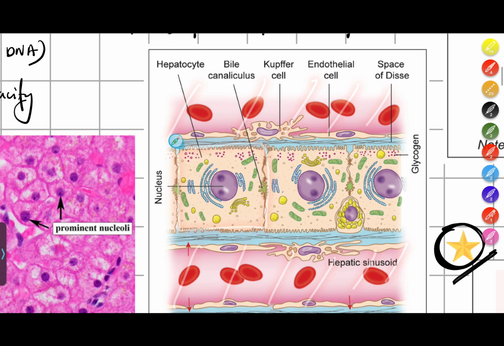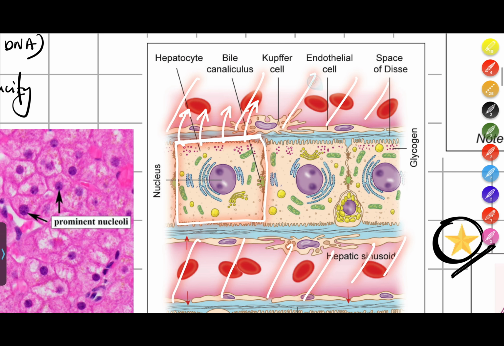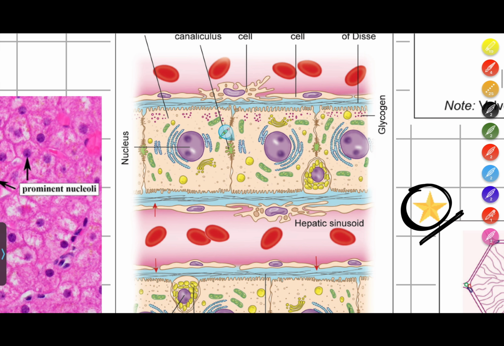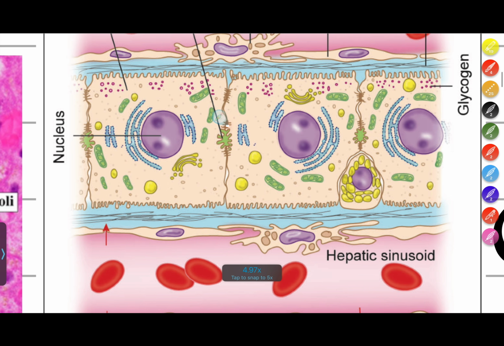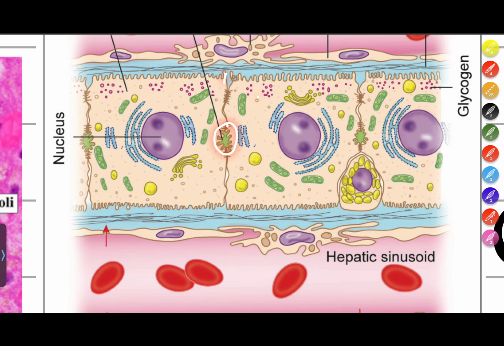The surface that is present towards the hepatic sinusoids is called the sinusoidal surface. And you can appreciate this is the biliary canaliculi. The surface that is present towards the biliary canaliculi is known as the canalicular surface.